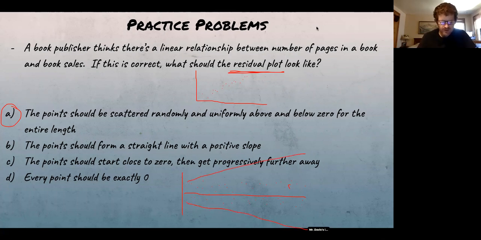So the one that is kind of acceptable as correct, and I think AP maybe does a better job than I do of phrasing it so that it's not ambiguous like this, is where it says every point should be exactly 0. If you were thinking of linear relationship as though it's algebraically defined and there's a definite amount of books sold based on the number of pages, then yeah, it should be 0 because it would be a perfect correlation.